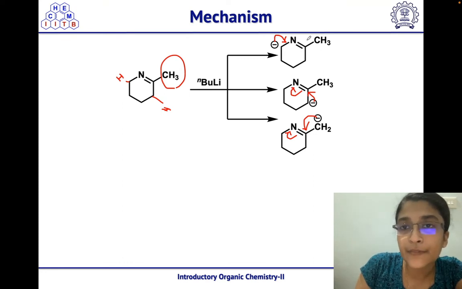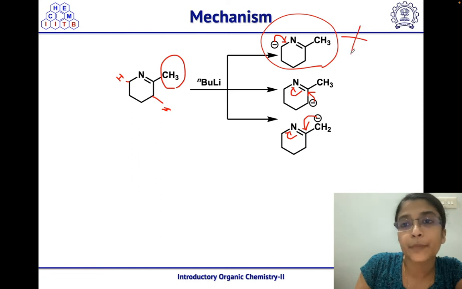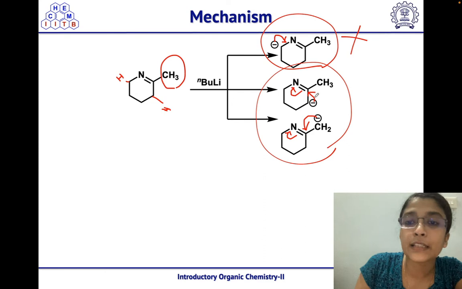Here the negative charge will come on carbon, it will be destabilized. So this species is not stable, so this chance can be ruled out. So there are two chances: either a proton can be abstracted from this carbon or from this carbon.